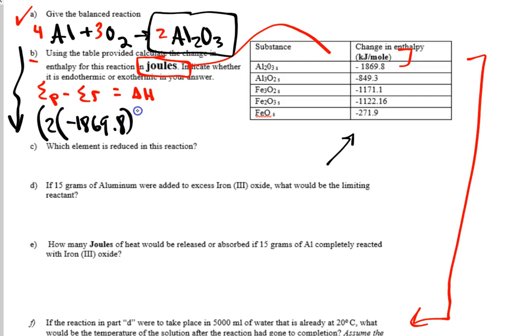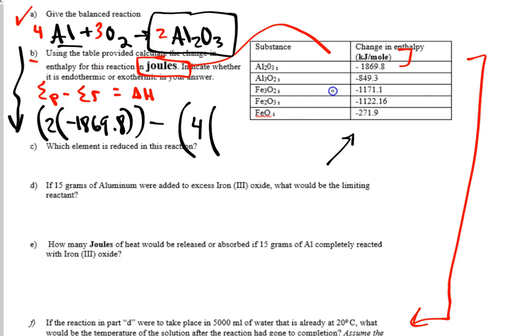Okay. Now, that's the only product. So I take the sum of the product, and then I subtract the sum of the reactants. Now, this part here is going to seem pointless, but I'm doing it to show you the process that you'll have to do tomorrow. So we take the coefficient of this, which is 4, and we multiply it by the value of aluminum in the table.